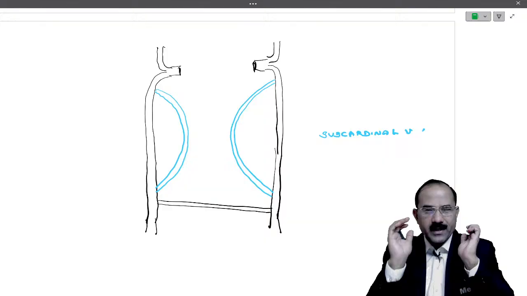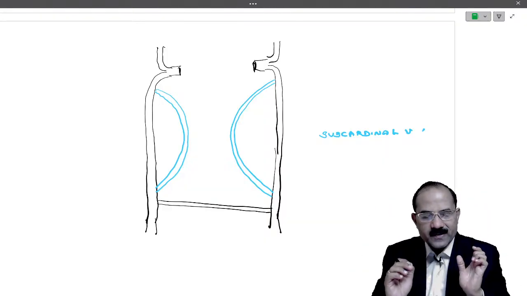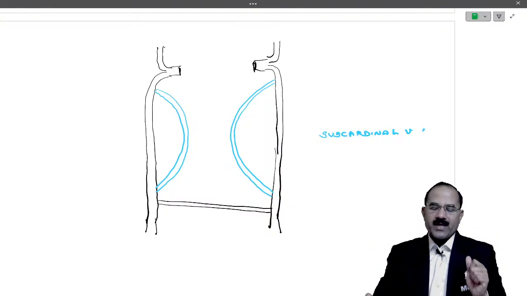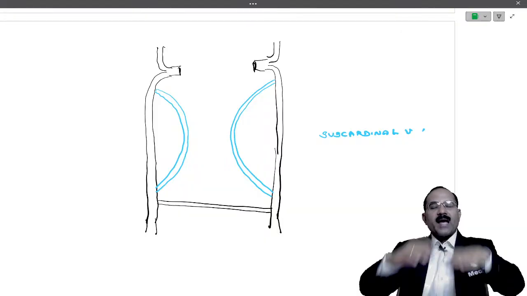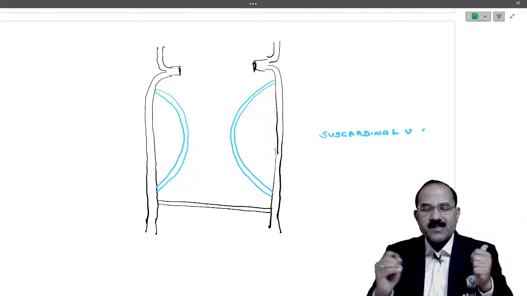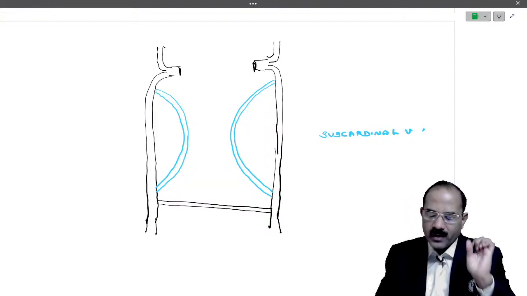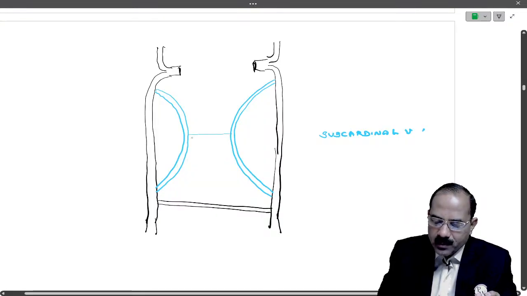So we have two posterior cardinal veins. The two posterior cardinal veins are connected by an anastomosis, right? Like the two anterior cardinal veins were connected by an anastomosis, right? Now two veins form here. The two veins are formed here, and both these veins are going to communicate with the posterior cardinal veins. These two veins are known as the subcardinal vein, and these two subcardinal veins are connected by an anastomosis.